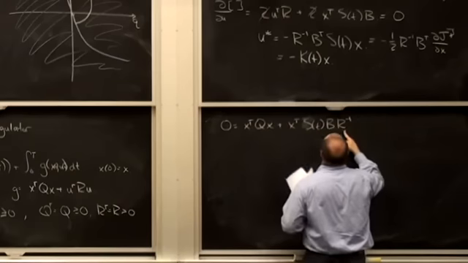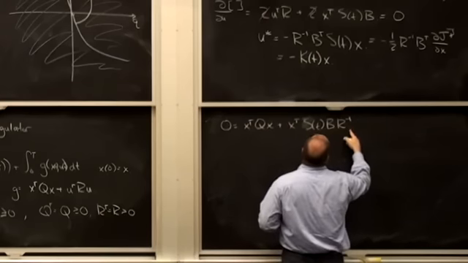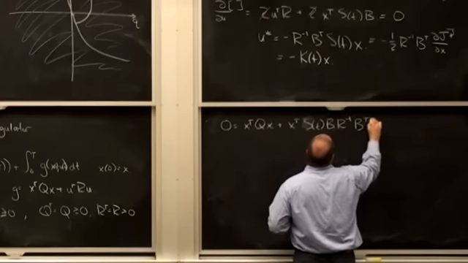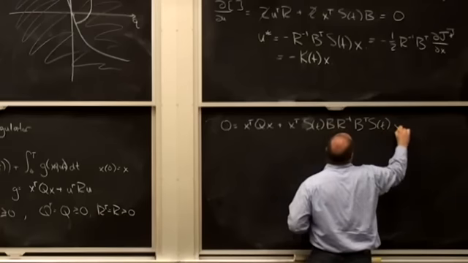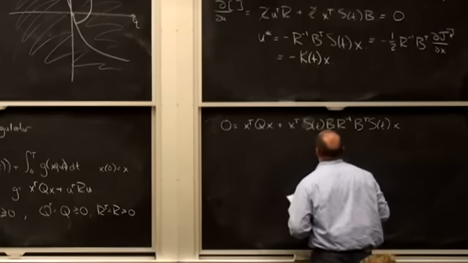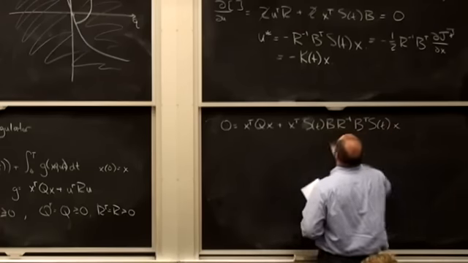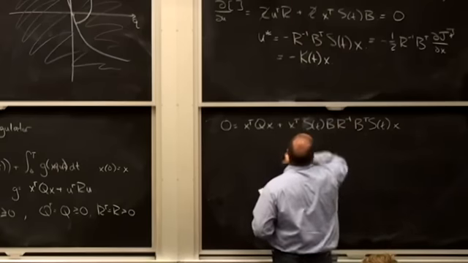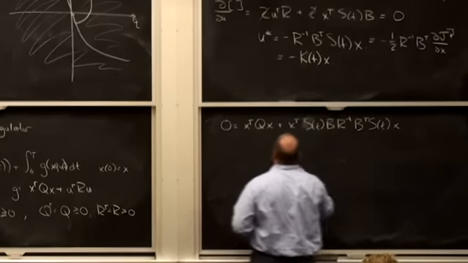So I'm going to go ahead and cancel those out. B transpose S of t x, right? And the negative signs, because there are two u's there, the negative sign didn't get me.